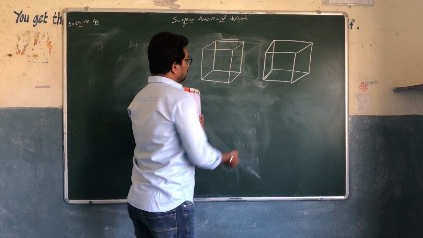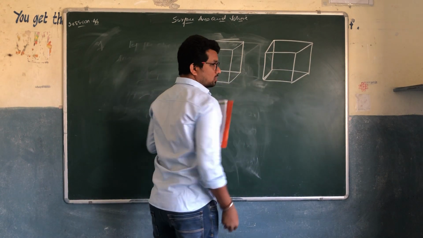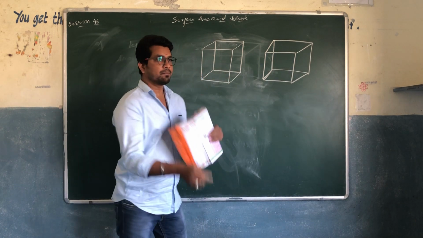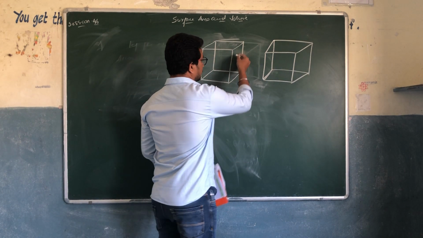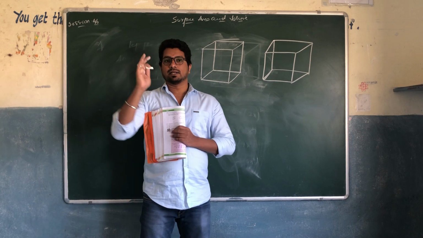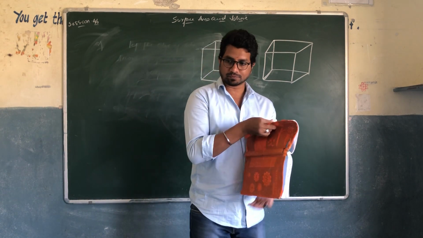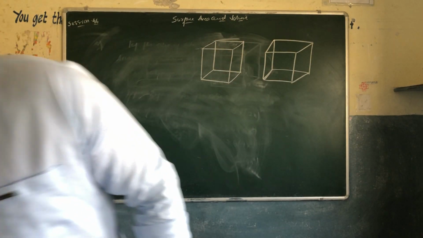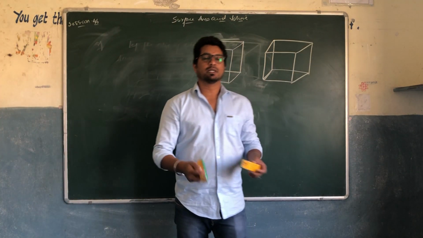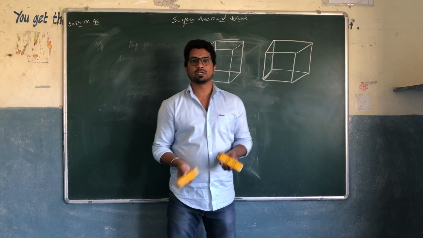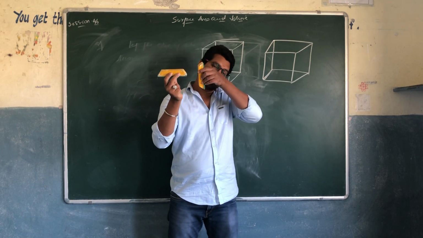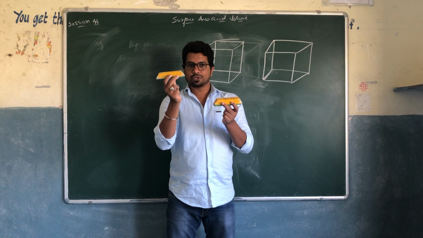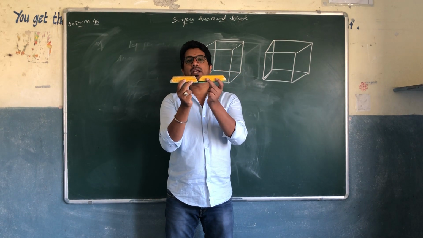So we have this cube and this cube. Just assume these two are cubes, both in square shapes. So this cube and this cube are joining like this.